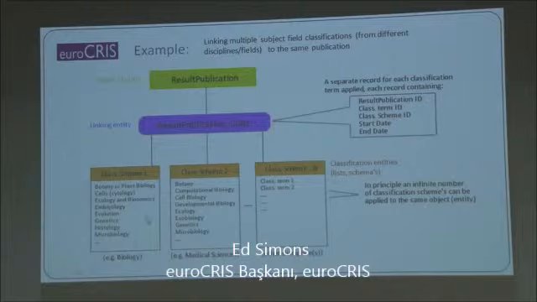We here have the case where two keyword lists, one coming from biology and one coming from medical science, are applied to the same publication through this linking entity here. And of course, as already said, it's possible to link an in principle endless number of classification schemes to the same publication or the same project, etc.